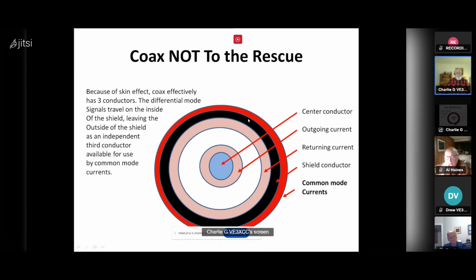You've got the shield with that current IB basically coming back in on the inside of the shield. But there's a completely independent, few atoms thick conductor on the outside of the shield, which the common mode currents can flow along. And so even though we think coax has two conductors, in truth, it actually has three.